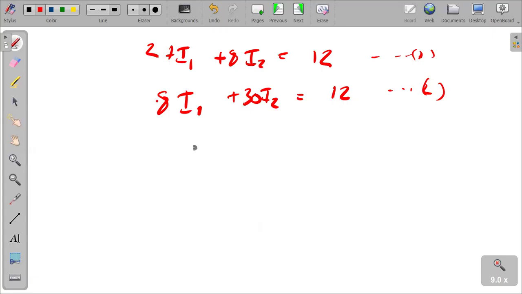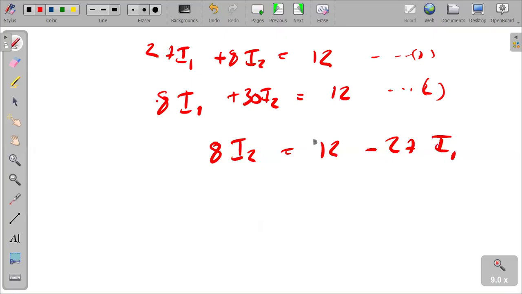So I will use the first equation to create equation number 3. Making I2 the subject, 8 I2 is equal to 12 minus 27 I1, right?